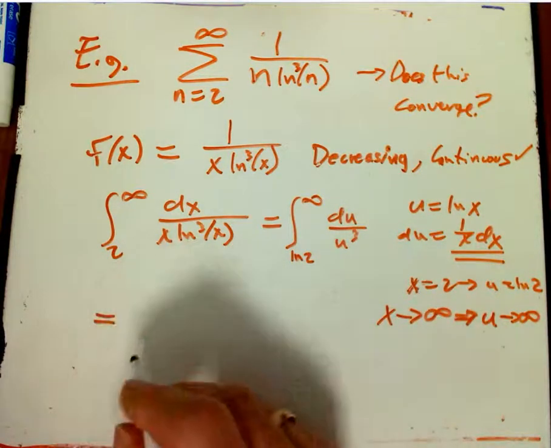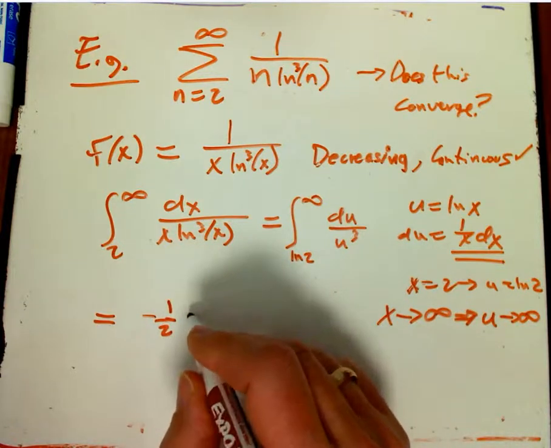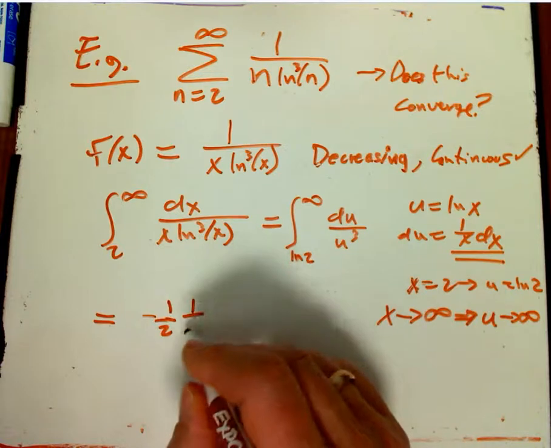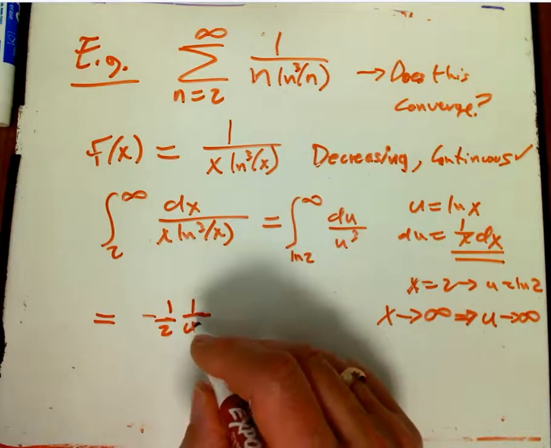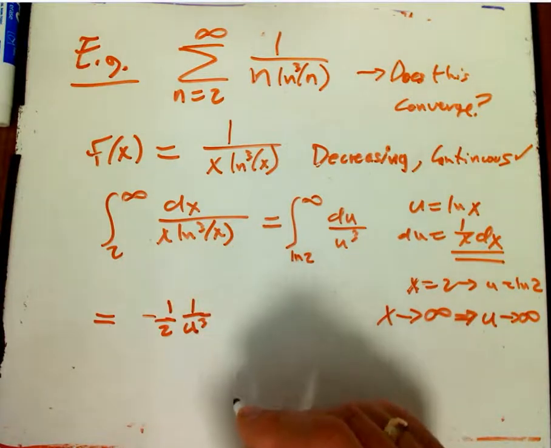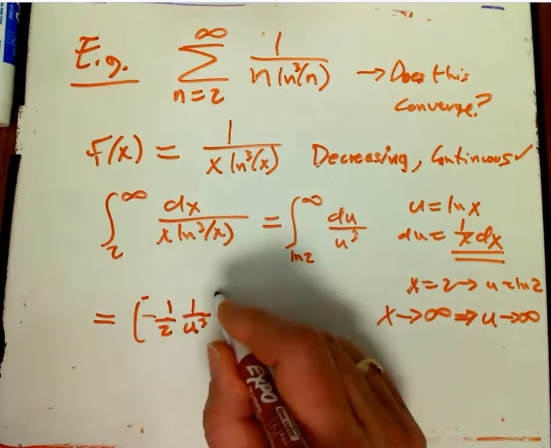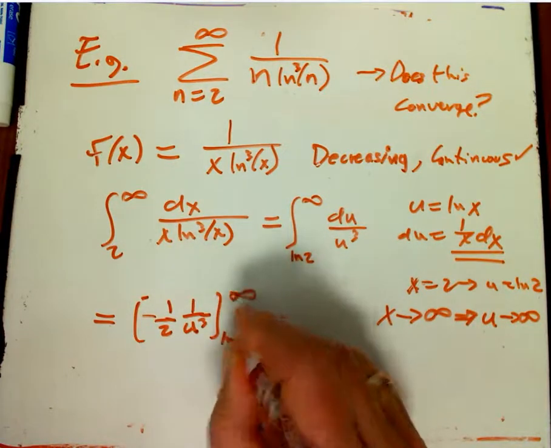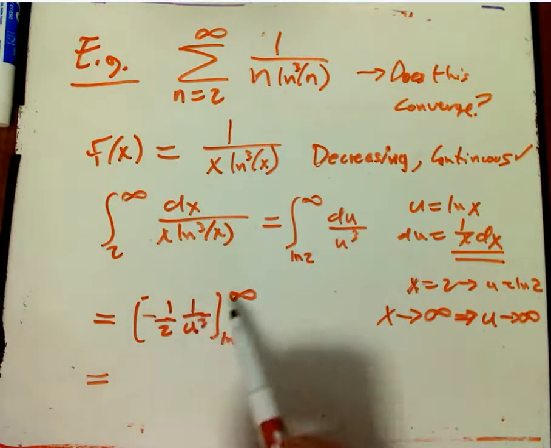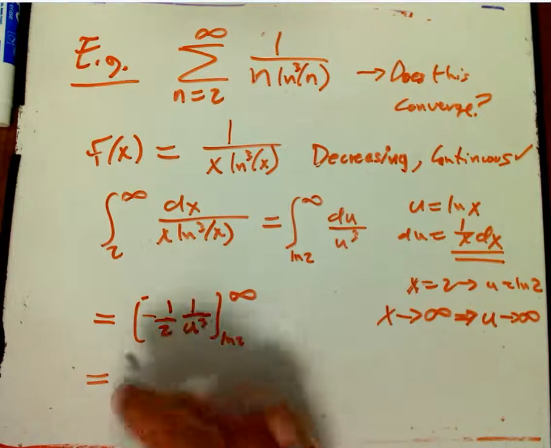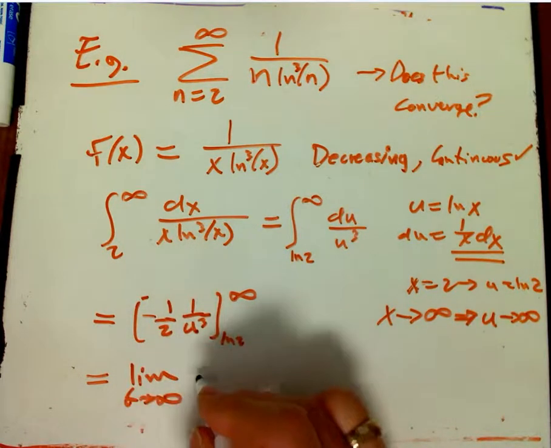Yay. Okay. And that's going to be minus 1 over 2 u squared, from log 2 to infinity. And the main thing is that this is going to converge. When u goes off to infinity, let me go ahead and make sure there's really a limit going on here.